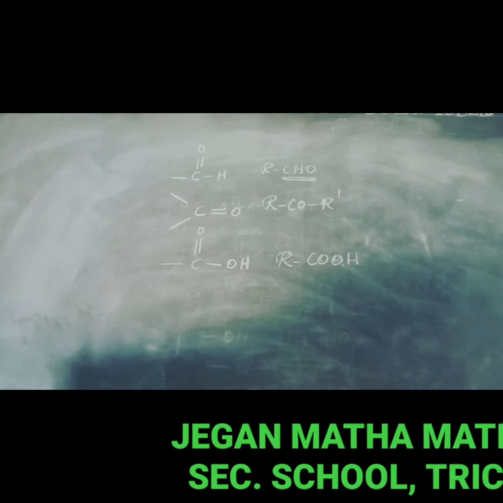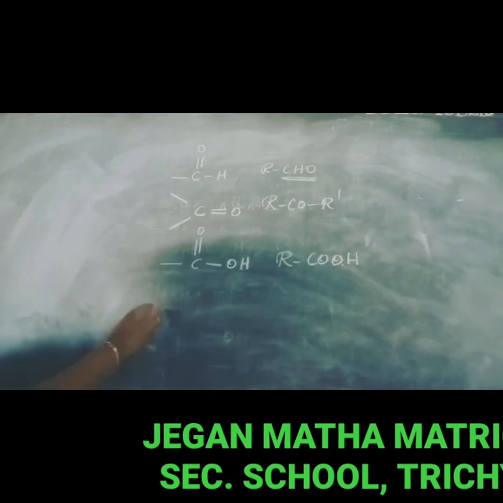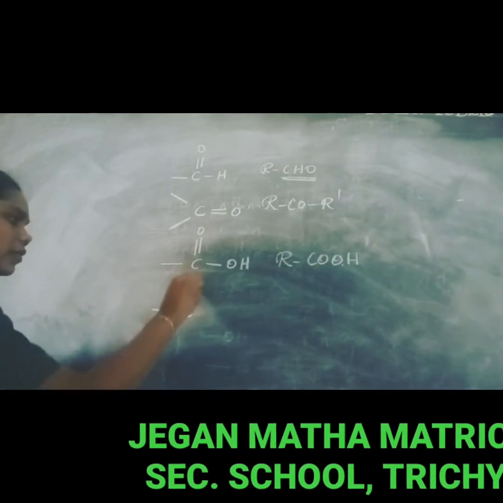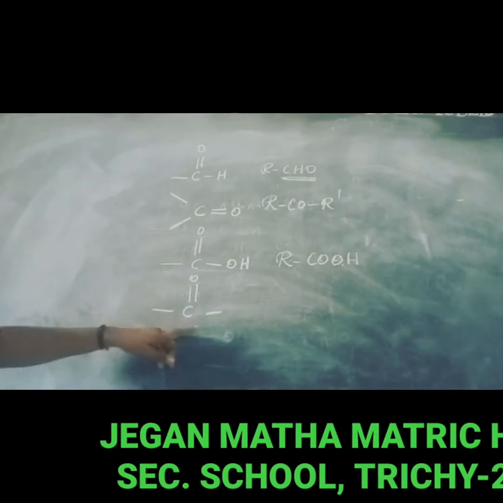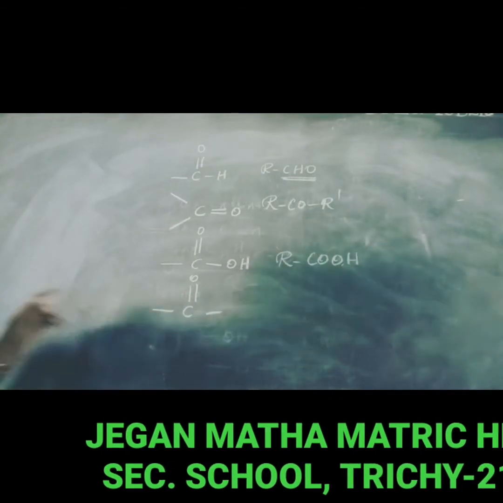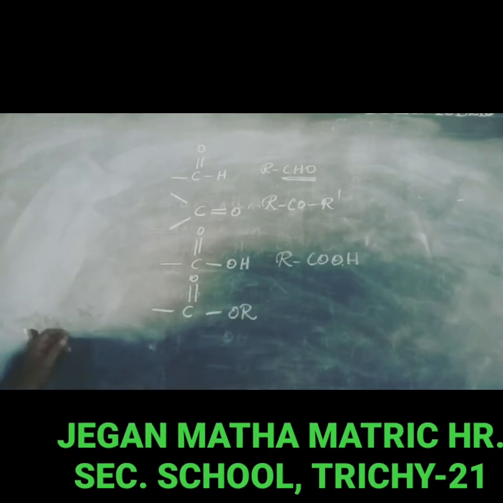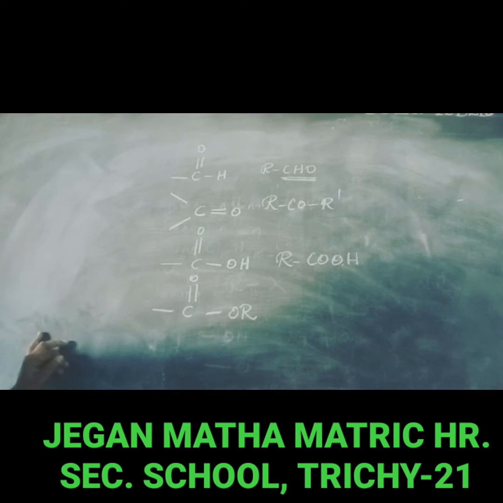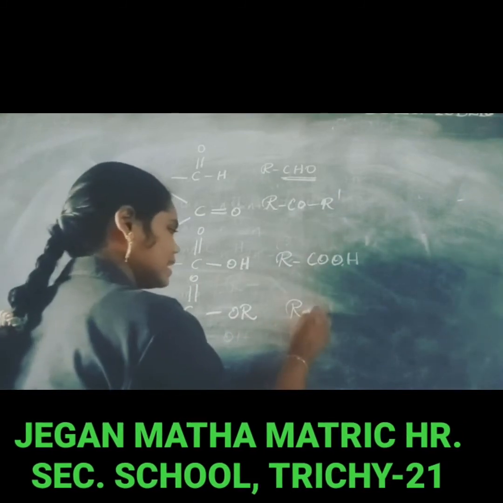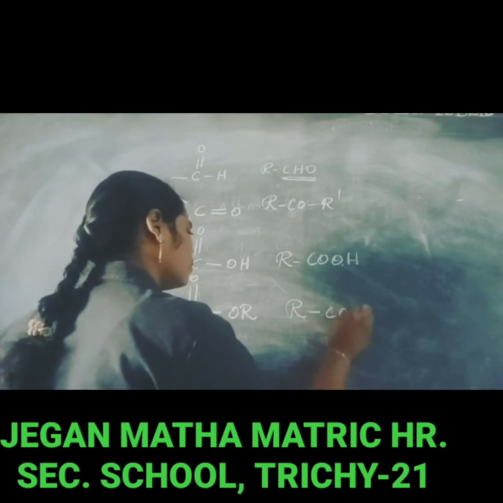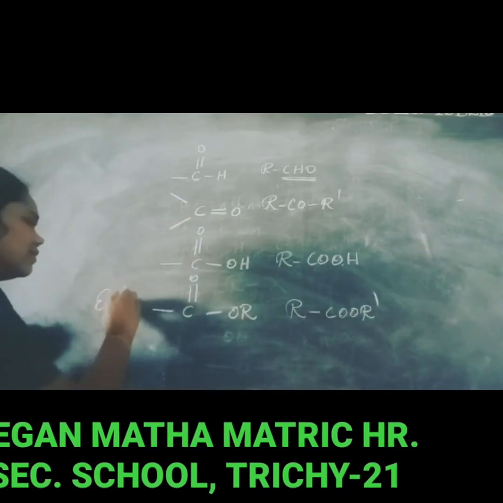And next one is ester. Ester represents C double bond O, and here OR is present. So that is ester. The formula for ester is RCOR'.